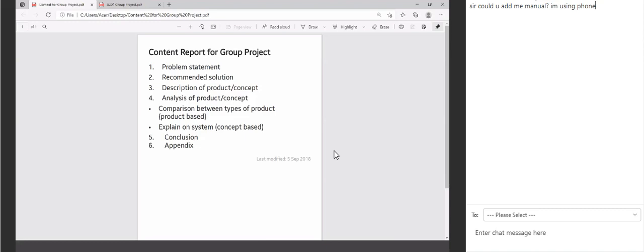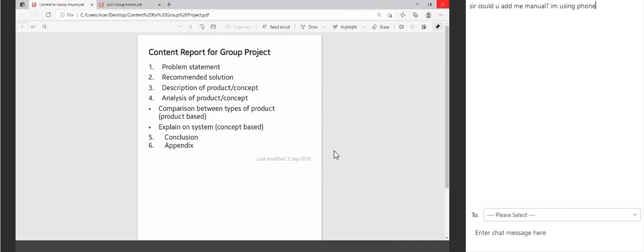When you write your problem statement, I want you to support your argument with journal articles or newspaper articles, so that your problem is concrete enough for you to say that it is a problem.